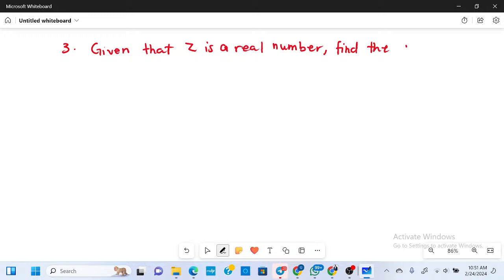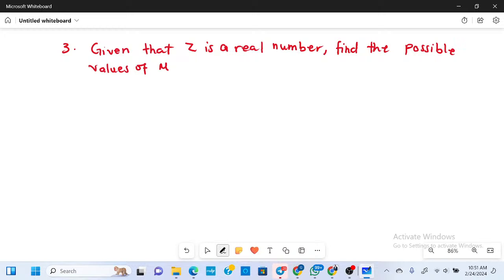So from the third problem, the question says, given that z is a real number, find the possible values of mu.